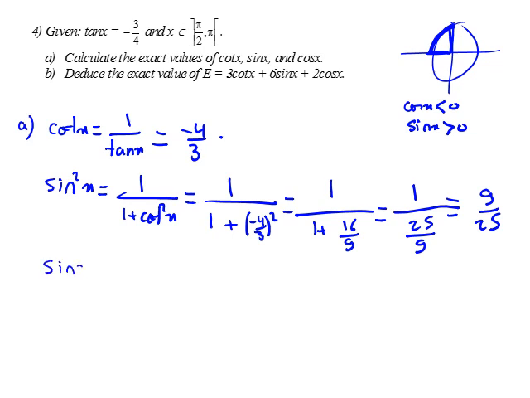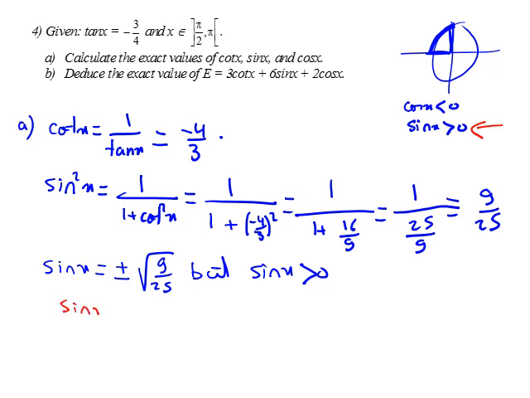So sine x equals plus or minus radical 9 over 25. But sine x is positive. So sine x equals 3 over 5.